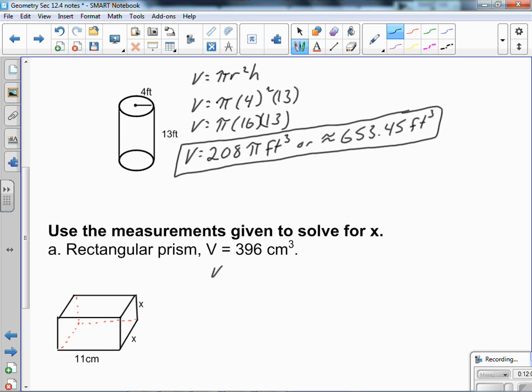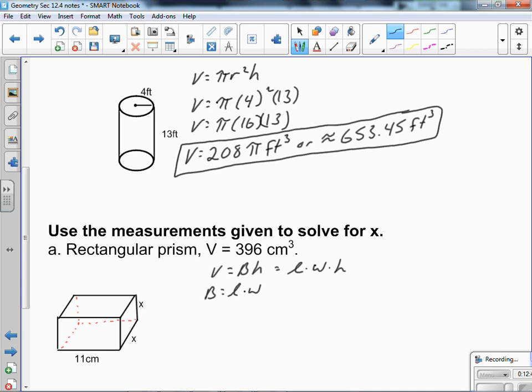We're using the formula volume equals area of the base times the height, which in this case, since it's a rectangular prism, the formula for the base is going to be length times width. And so we could convert the volume formula for this rectangular prism to length times width times height.